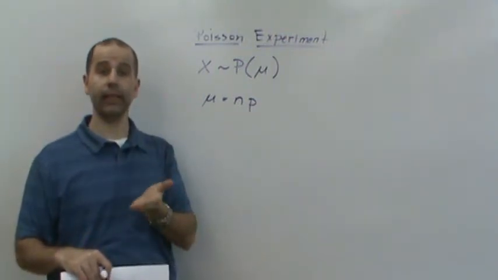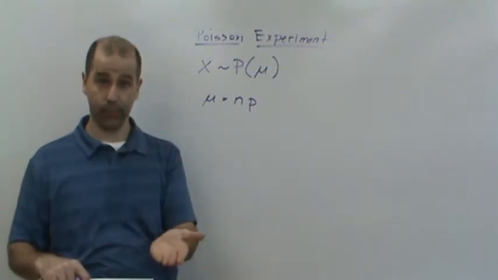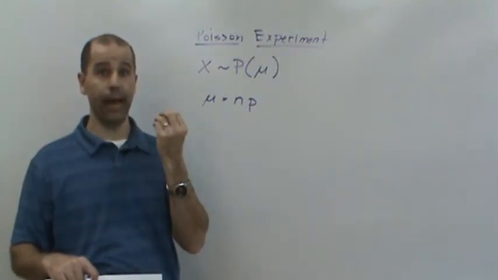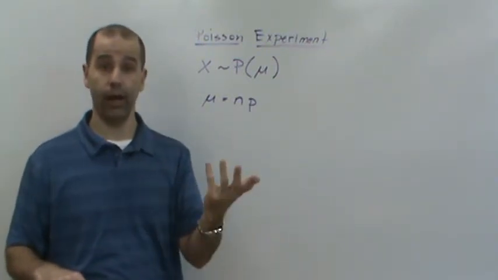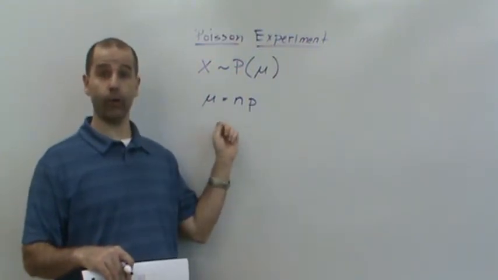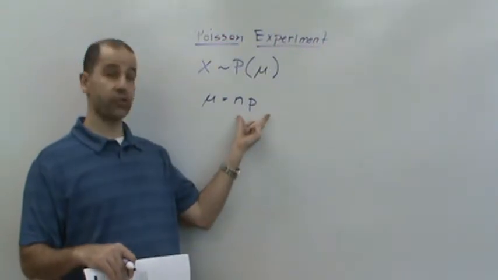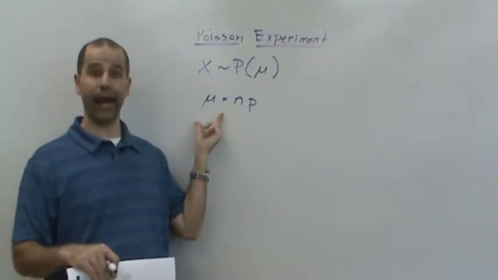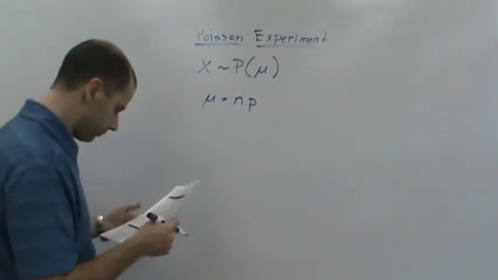Where in the binomial, that's the average number. Not within a period of time, but out of a fixed number of trials, right? Here, we're talking about a fixed period of time or a fixed space, okay? So, same calculation, but the average means something different, okay?